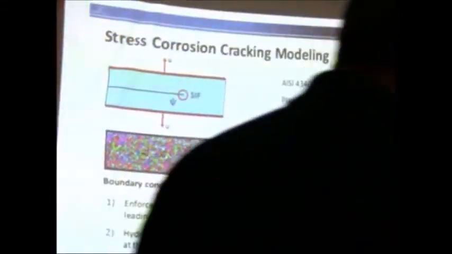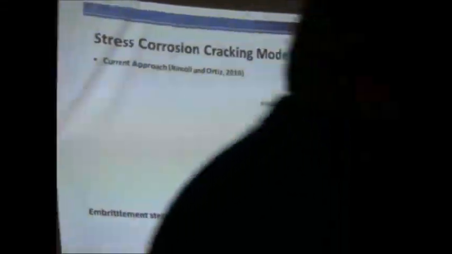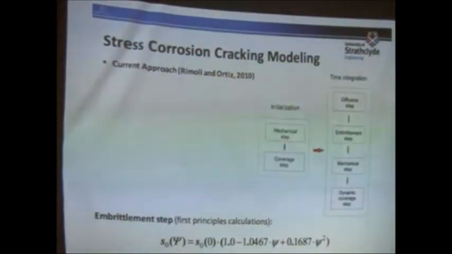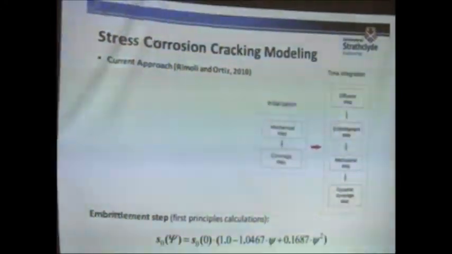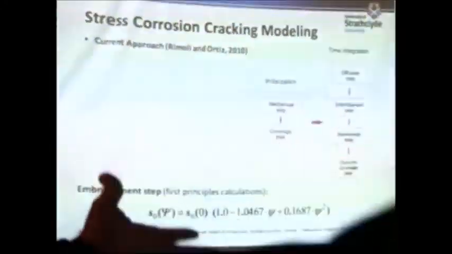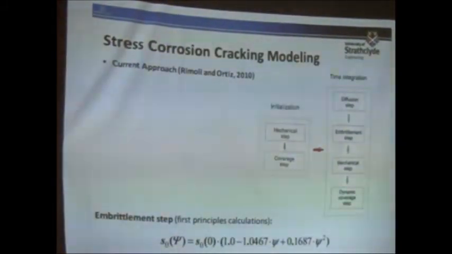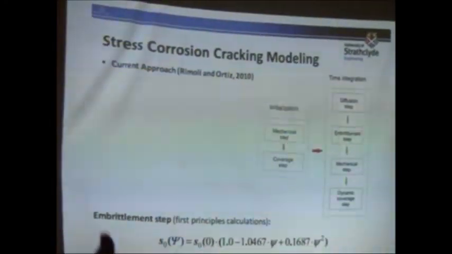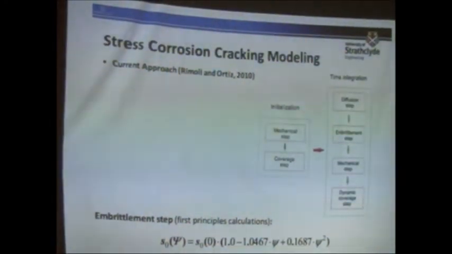And to represent this particular situation, we had to solve a coupled field equation. The first equation is this hydrogen diffusion. That's something that we need to solve, and we need to find out the amount of hydrogen diffusion inside the structure. As the hydrogen diffuses, it makes our grain boundaries weaker and weaker.